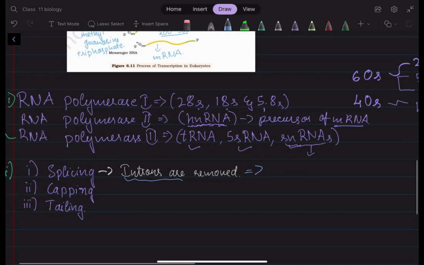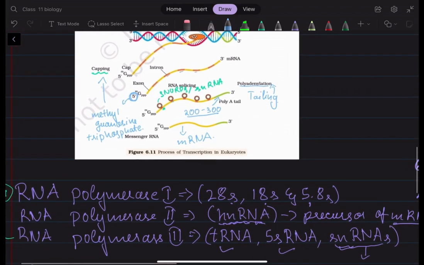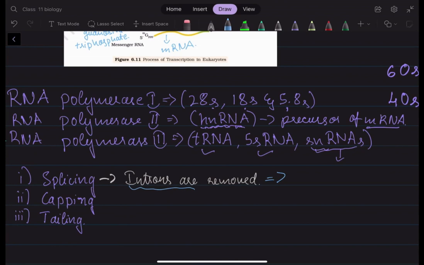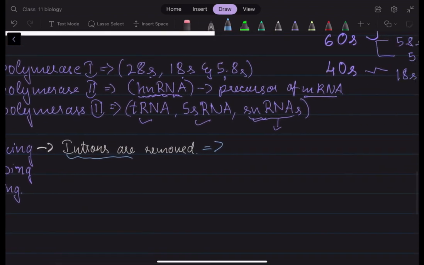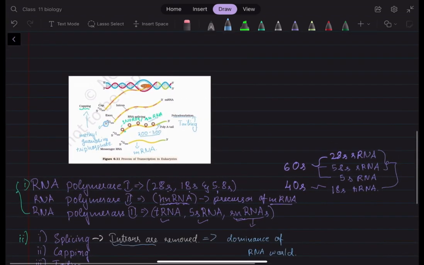And this can only be done with the help of our RNA, that is the SNRPs, snRNA. So we say that this process actually shows the dominance of the RNA world. So this was about transcription.